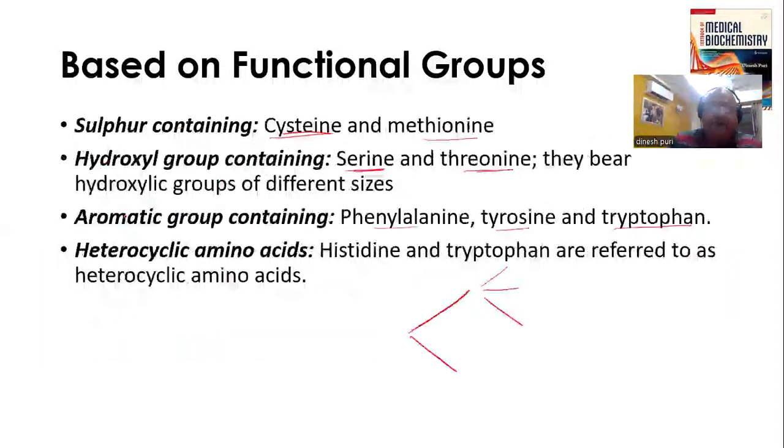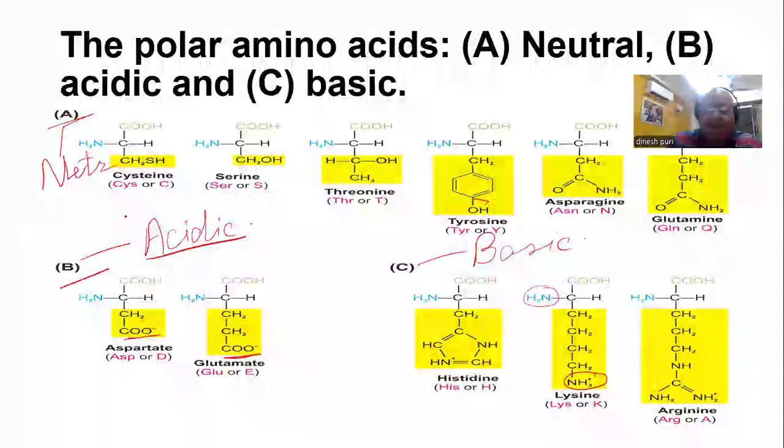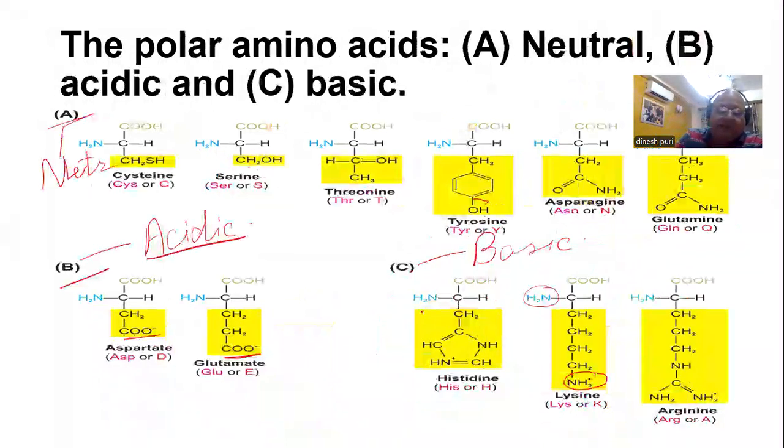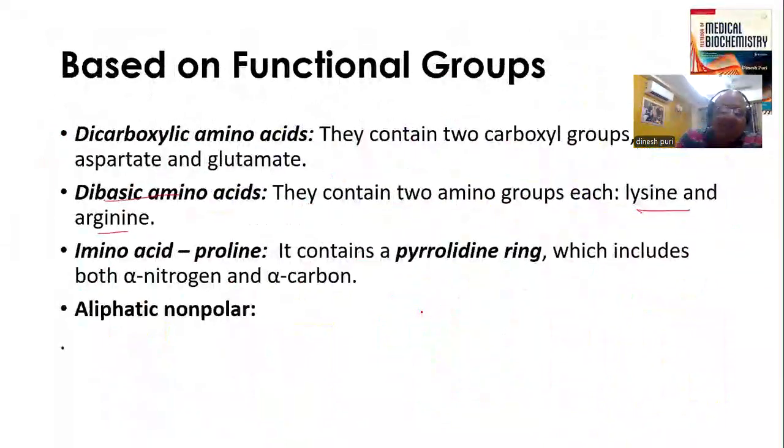Then there is one amino acid, proline. Proline is also called a secondary amine amino acid. It has a cyclic R group. The R group is part of a ring. So the NH of the amino group of the amino acid is part of the ring.